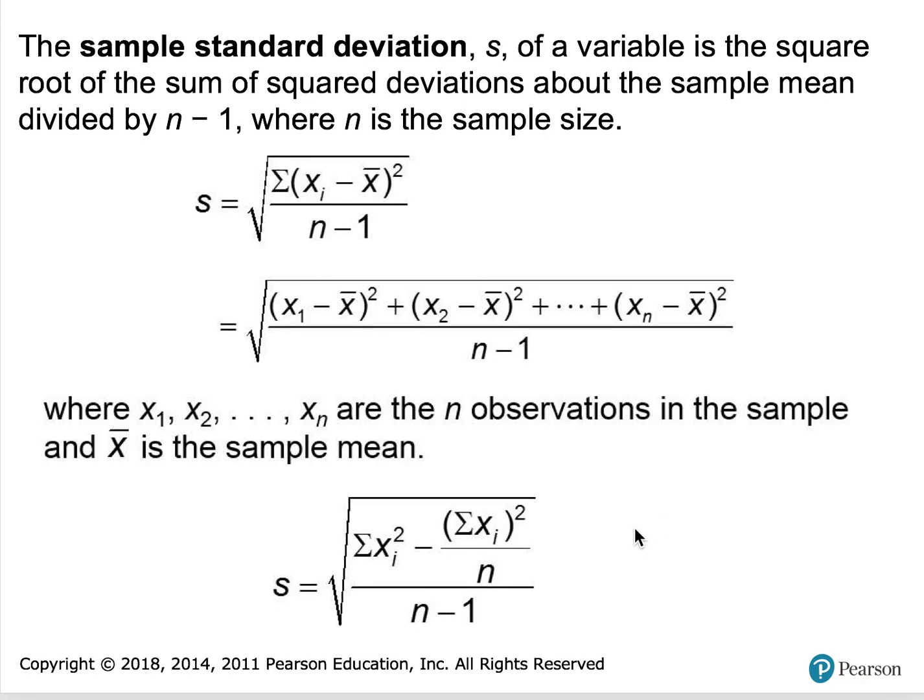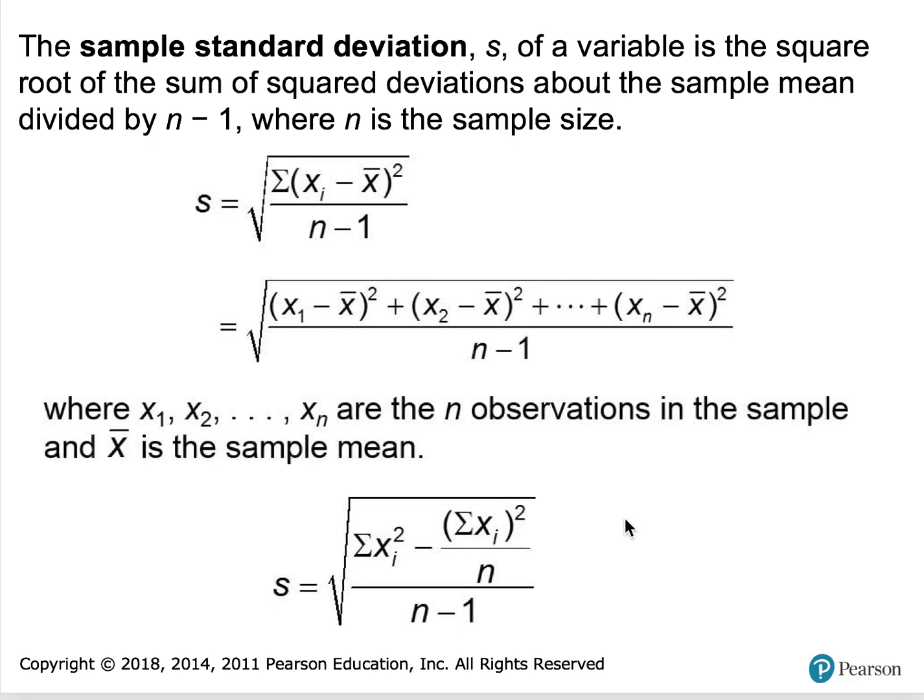And so we call n minus 1 the degrees of freedom, because the first n minus 1 observations, in other words, all of them except the last one, have freedom to be whatever value they wish. But the nth value has no freedom. It must be whatever value forces the sum of the deviations from the mean to be 0.